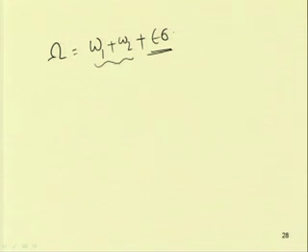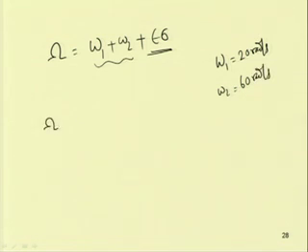For example, let us take omega 1 equal to 20 radian per second and omega 2 equal to 60 radian per second. In that case we can study omega near 20 plus 60, that is 80, plus epsilon sigma.